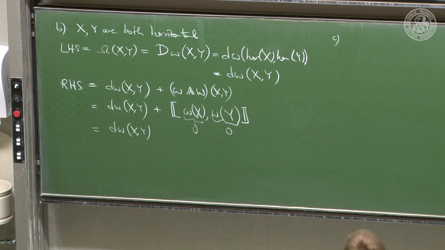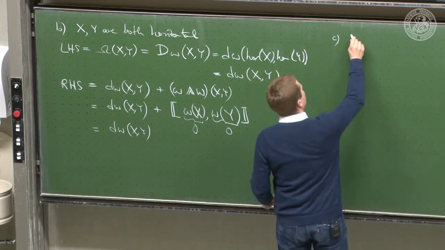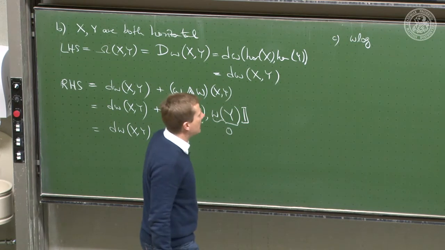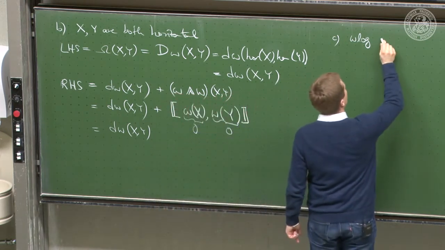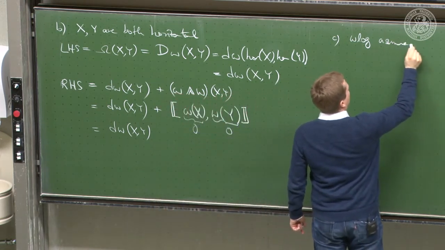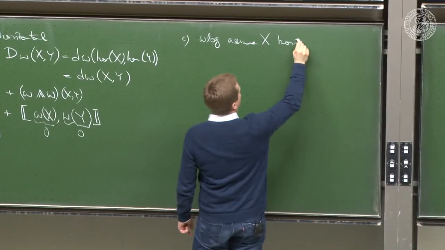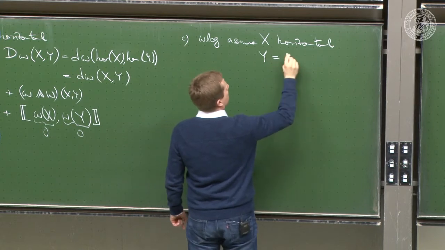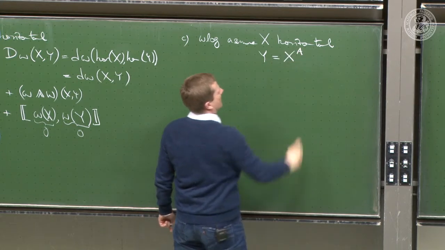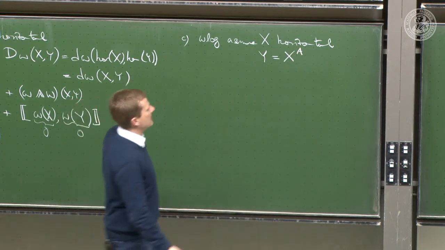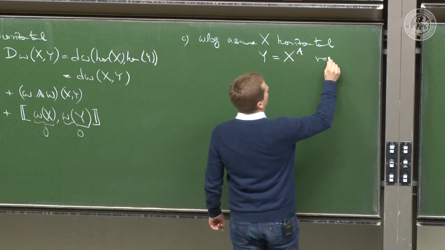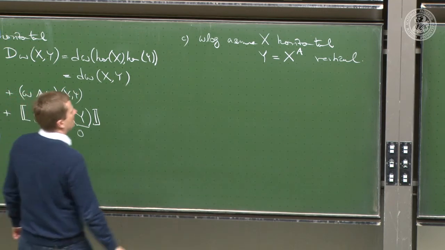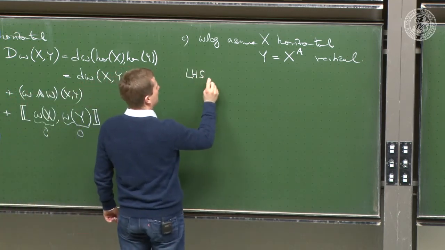So let's assume, without loss of generality, as I just argued, that x, say, is horizontal and y is vertical, hence it can be written as the induced vector field xa with respect to some Lie algebra element A.